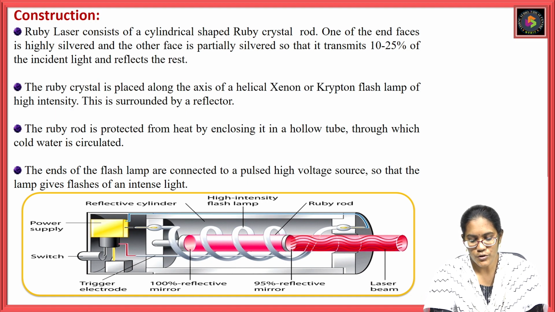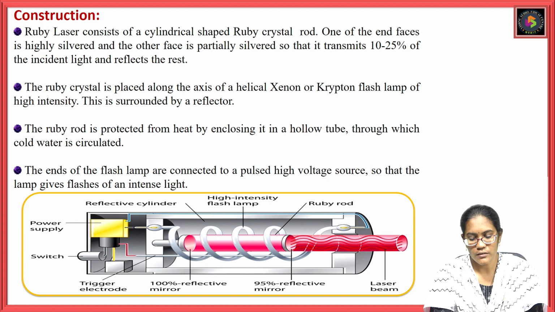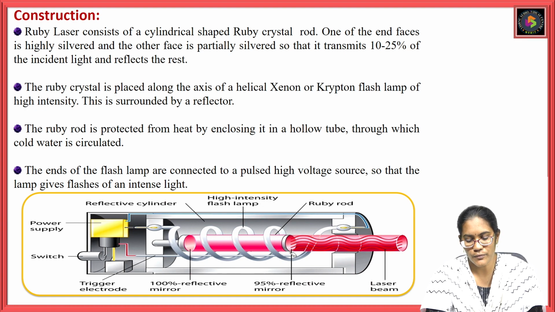The combination of the two mirrors is called the resonant cavity or optical resonator. The role of this optical resonator is to capture all the photons present in the active medium, so that the laser beam comes out from the partially reflecting mirror.